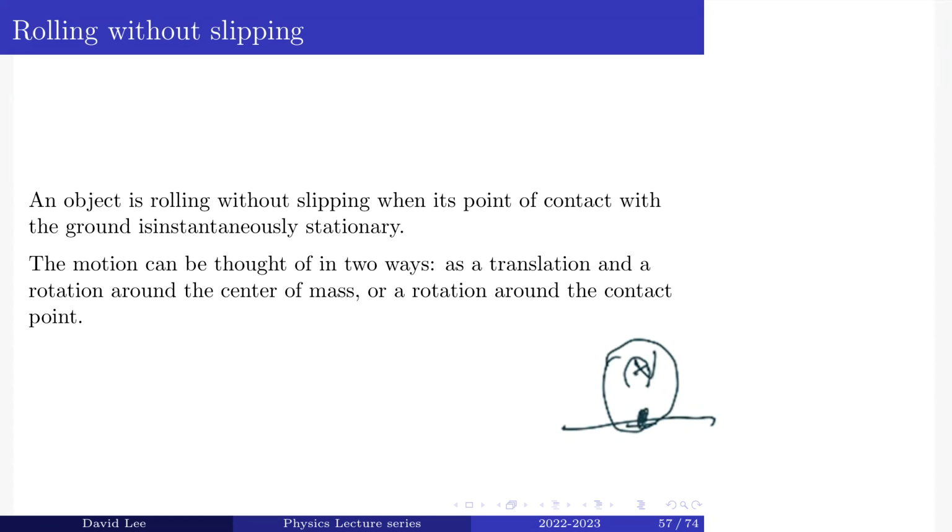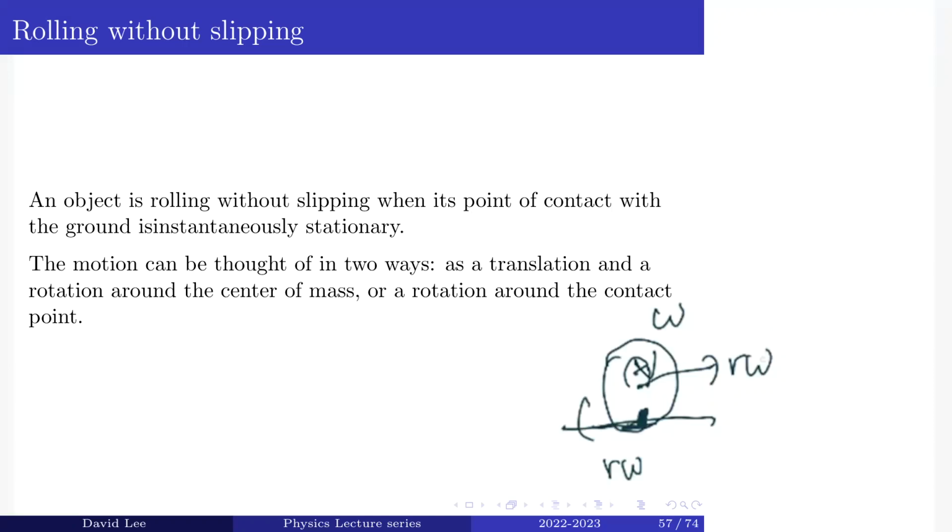Well, if it's rolling with omega angular velocity, the speed of this point relative to the center is going to be r omega. But if the center is moving at a speed r omega, that means that this point here is stationary relative to the ground. And so that's how it rolls without slipping.